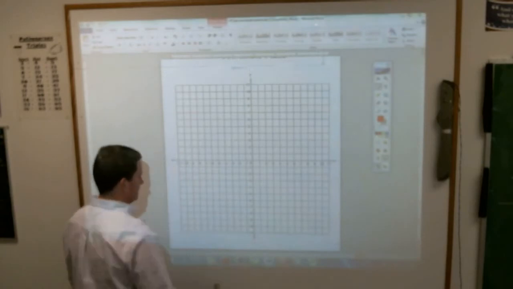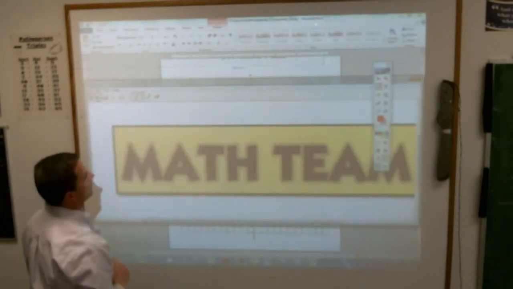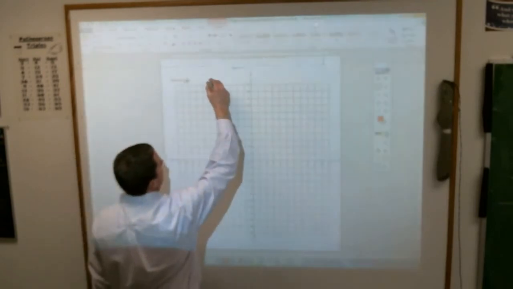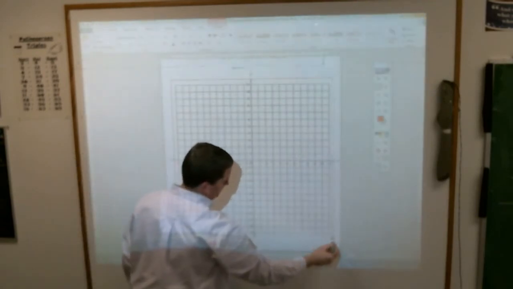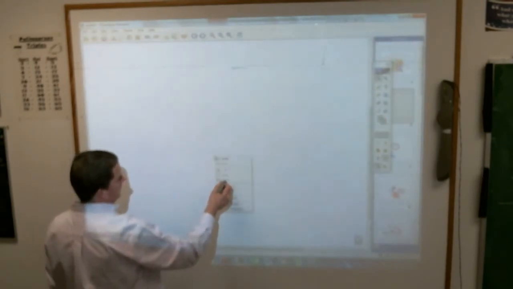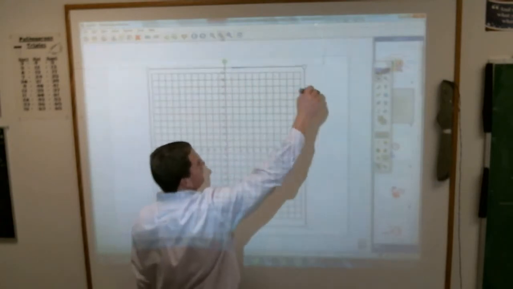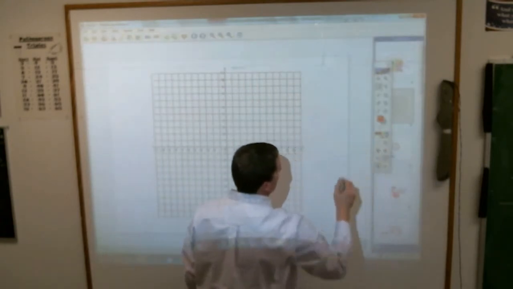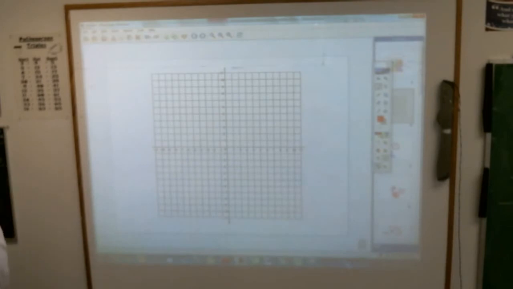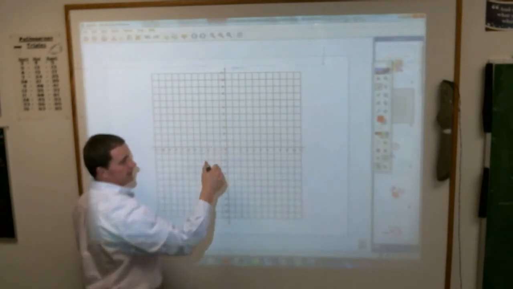You should be just about done with that. Do you have a rectangle drawn? The coordinates look like this. What was it? -2, -1, correct?